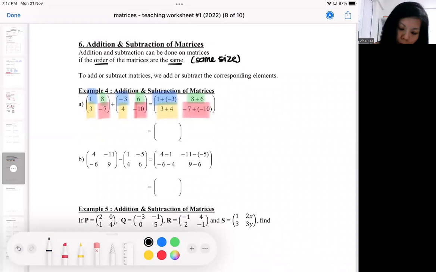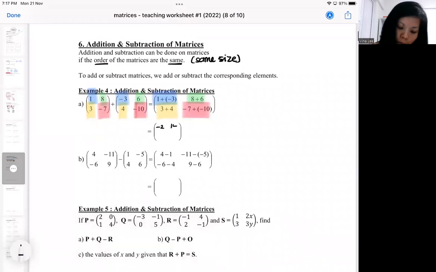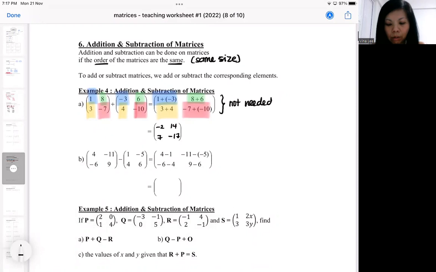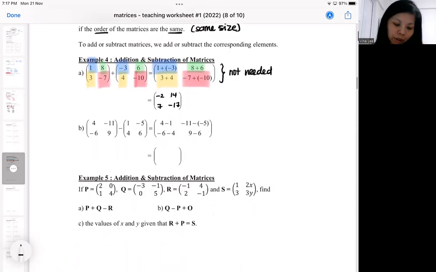So you will get minus 2, 14, 7, and minus 17. So this is not needed. You don't need to show this working. You can mentally add them up. It's just that if you are worried that you will make careless mistake, then maybe you got to write it down.